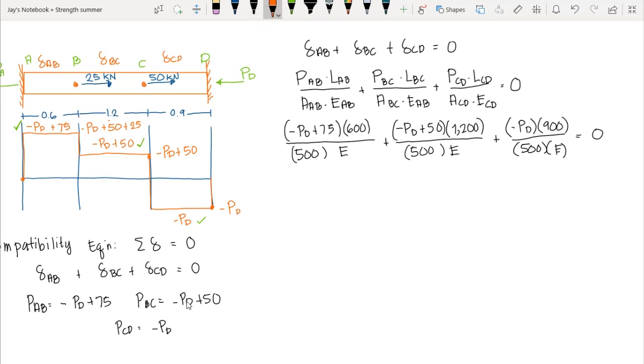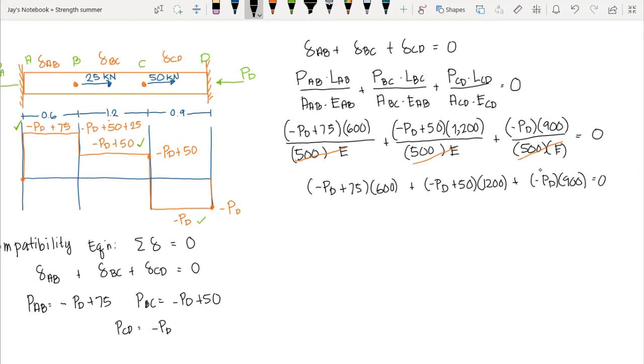Now take note, they have a common denominator, so by further simplifying, we could cancel out 500 times E, and since we have a 0 on the right side of the equation, correct? So this can be cancelled out. So we have our equation: negative PD plus 75 times 600, plus negative PD plus 50 times 1,200, plus negative PD times 900 is equal to 0.